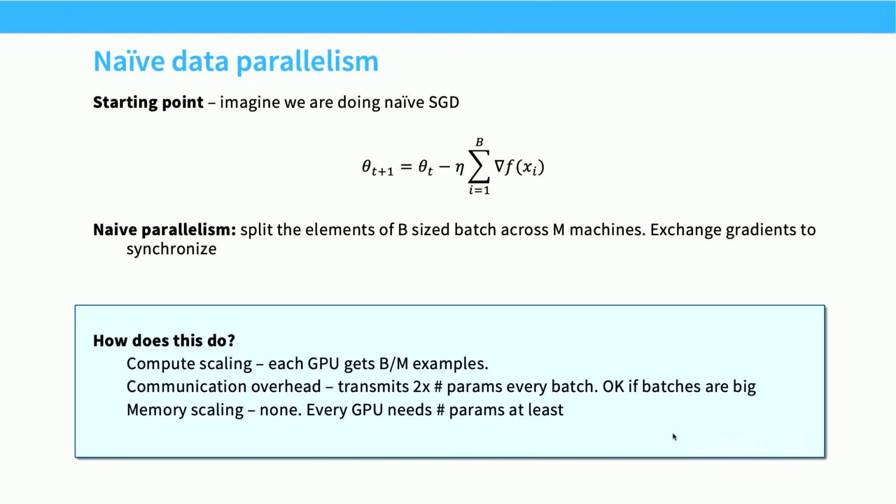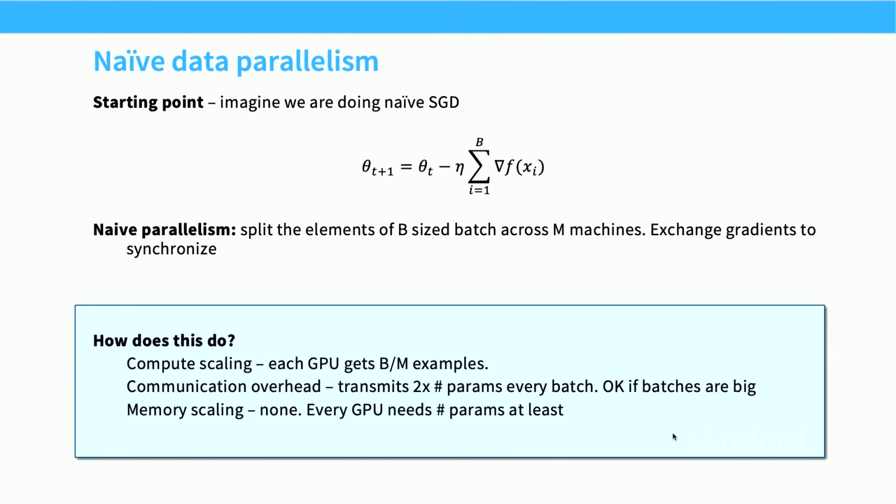So each update step, I'm going to take B elements, sum up the gradients, and take my update, right? So the most naive form of parallelism that one can do for this is to take my batch B and cut it up across M machines. If they're divisible, each machine will get a smaller batch of size B over M. And then each machine computes gradients, and then I will synchronize all the gradients to get my sum.